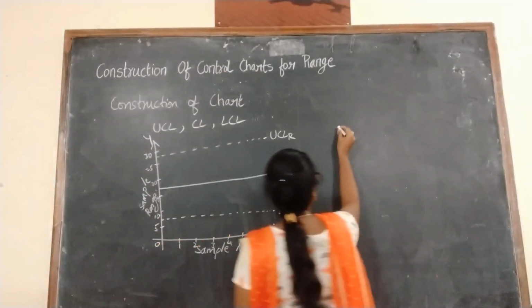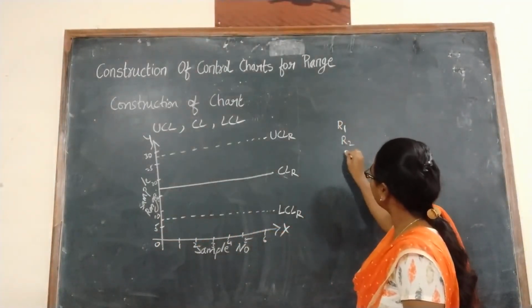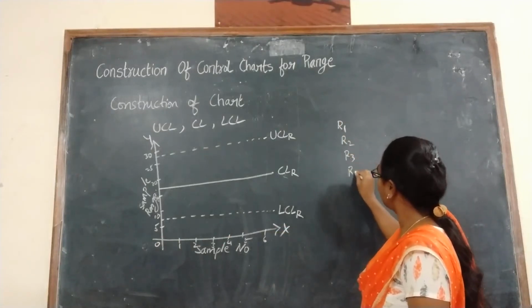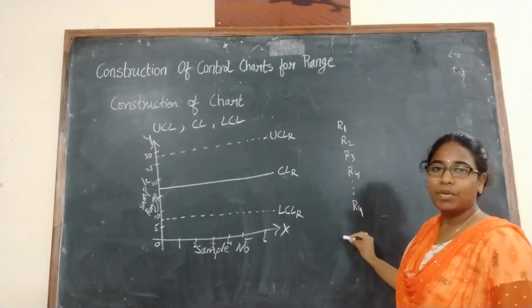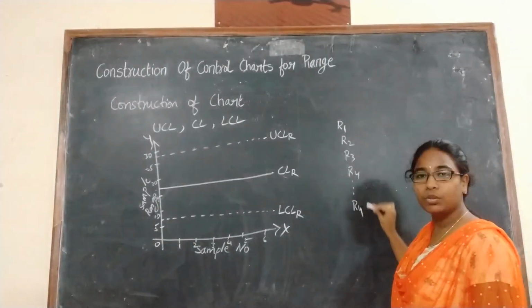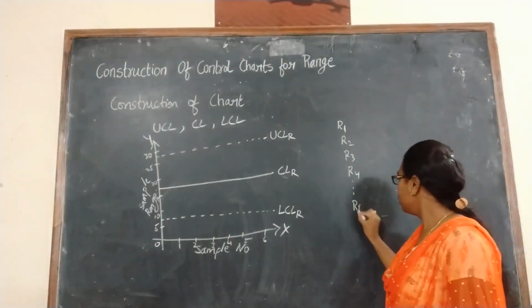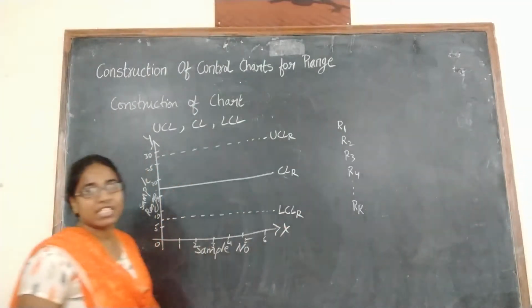In our population we have found the values R1, R2, R3, and so on up to RK, the sample range for K samples. All these K values should be plotted on this XY plane.